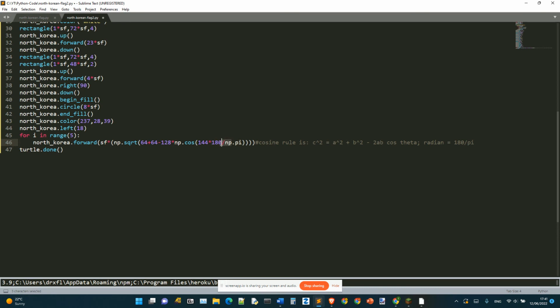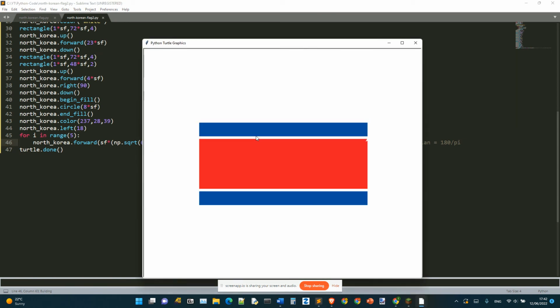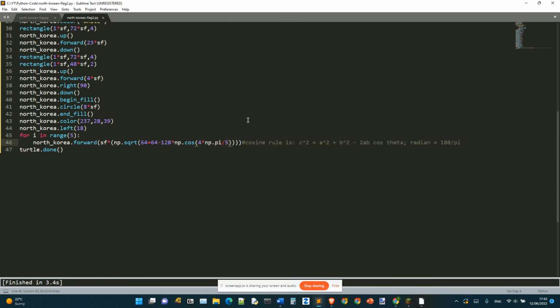I got that wrong, sorry about that. So now it should be 4 pi over 5, because 144 divided by 180 is 4 over 5. So that's the last thing we want.